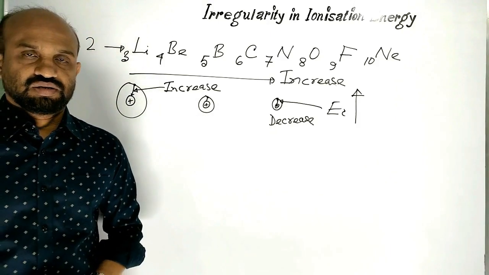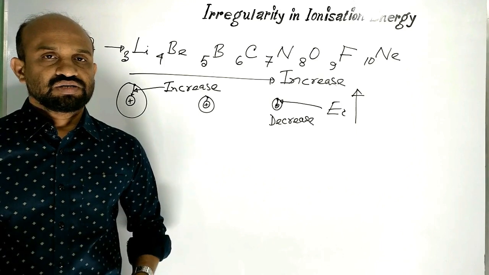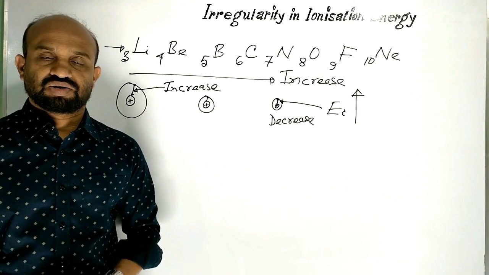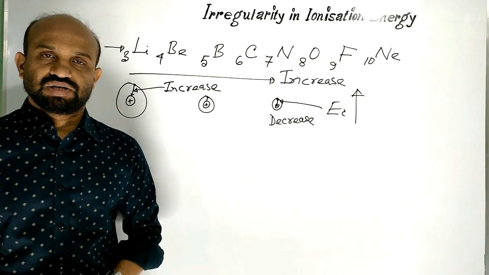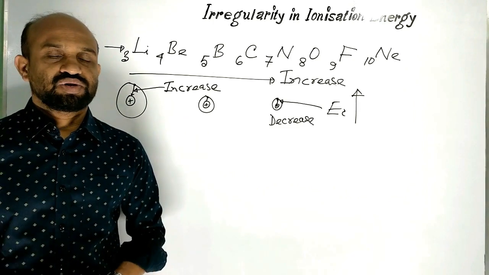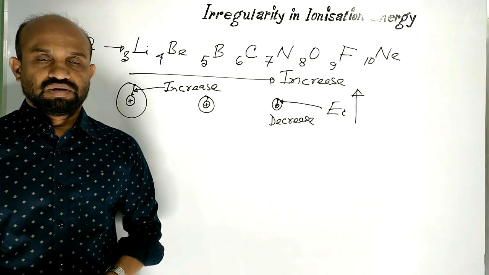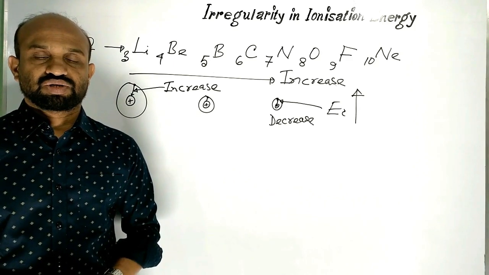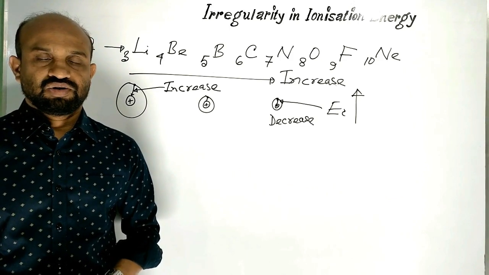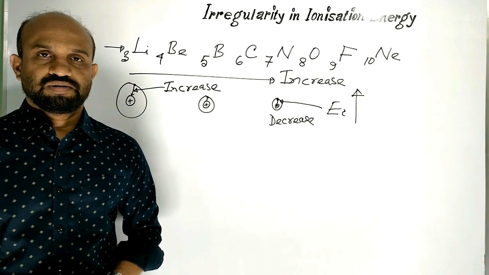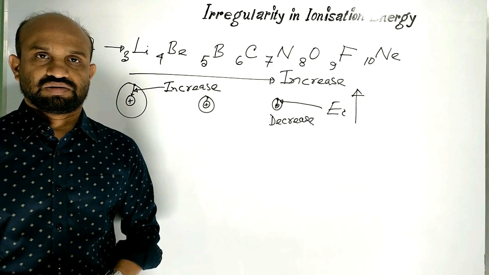From left to right, atomic size decreases, distance between outermost shell electron and nucleus decreases. As distance decreases, attraction between nucleus and outermost shell electron increases. Then, removing electron from the outermost shell, high energy is required. That is, from left to right along a period, ionization energy increases.